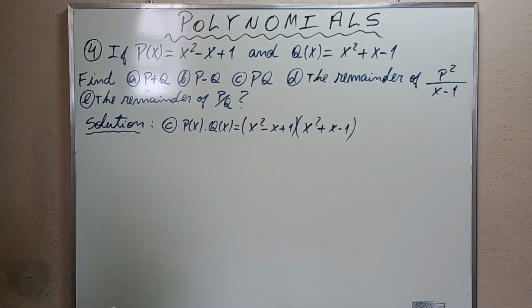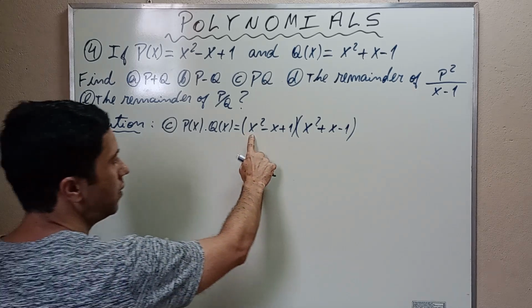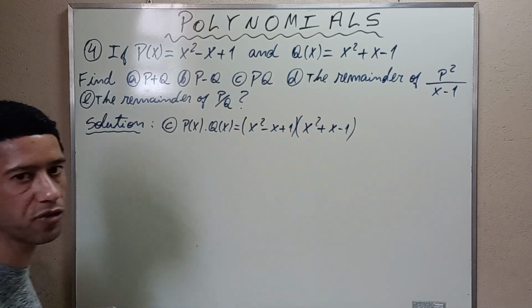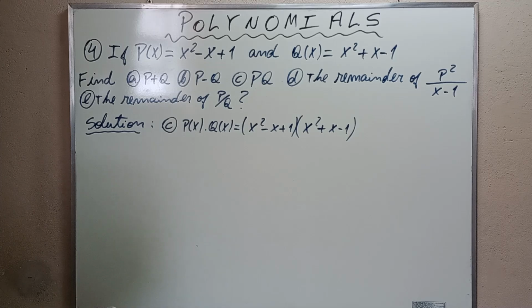All we need to do is to multiply each term of this with each term of this, okay? This is how we multiply polynomials.